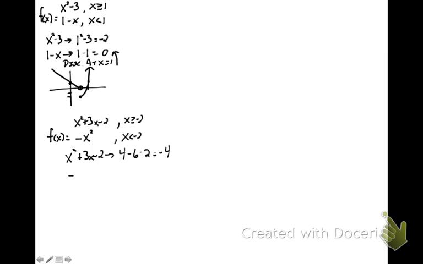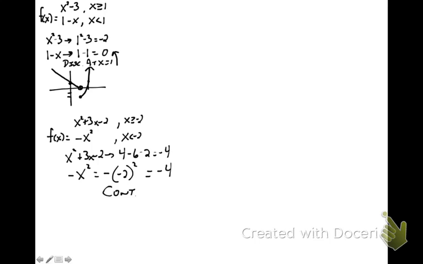And if we test negative x squared when x is negative 2, that gives us negative 4 as well. So algebraically, this is continuous at x equals negative 2. To evaluate a piecewise function, we would just need to see that at the point where the rule changes, do you have the same value?